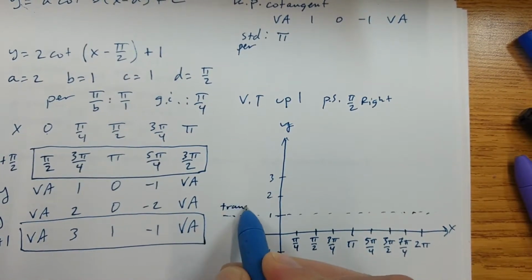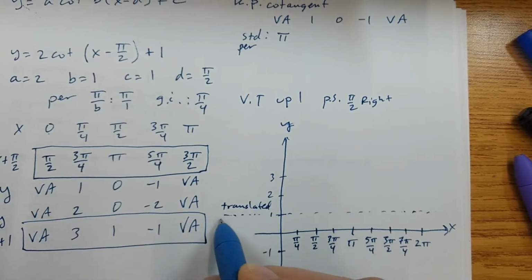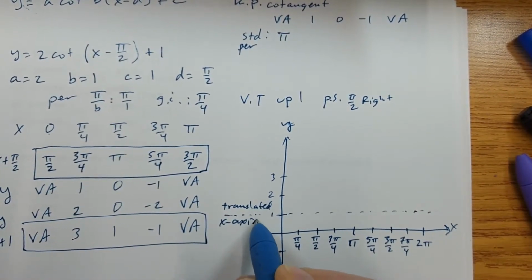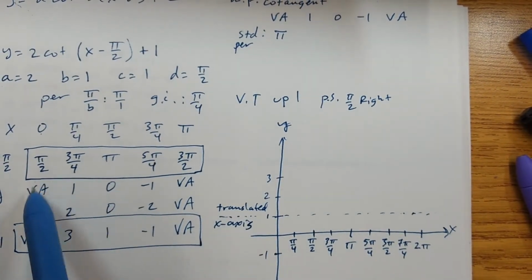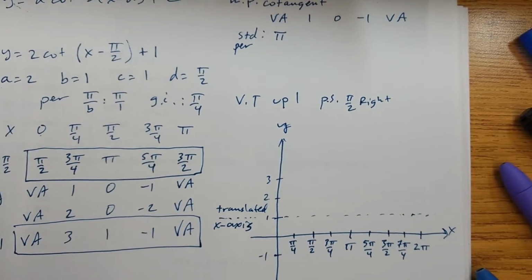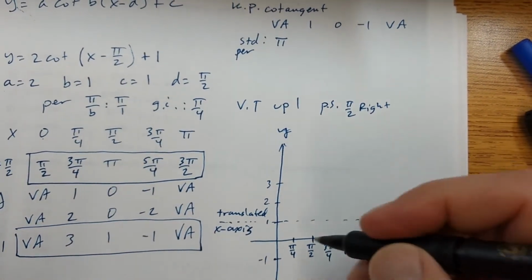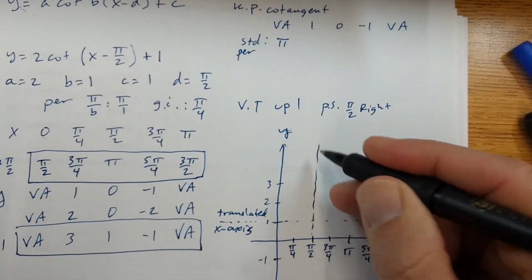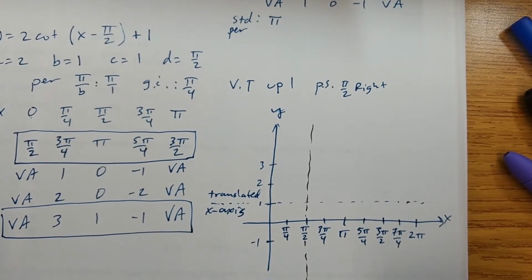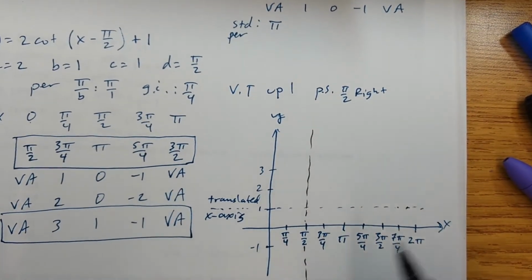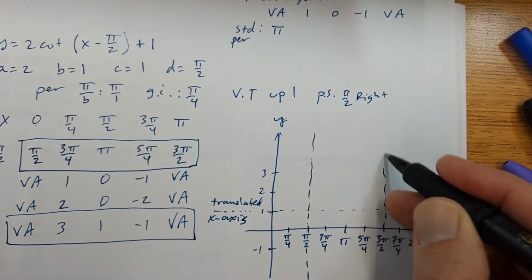That's our translated x-axis. And now when x is pi over 2, we will have a vertical asymptote. So let's draw in this vertical asymptote. When x is 3 pi over 2, we will have another vertical asymptote.